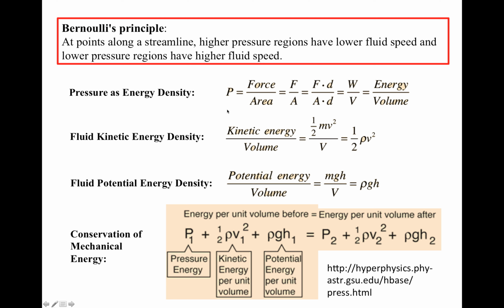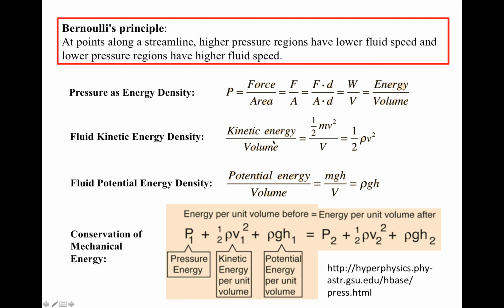For kinetic energy, the form is more familiar to us, right? It's 1/2 m v squared, where v is the speed of the fluid particle and m is the mass of the fluid particle. So m divided by volume gives us the density of the fluid, so it's 1/2 density times v squared. That's the fluid kinetic energy density, again a volume density of the kinetic energy.